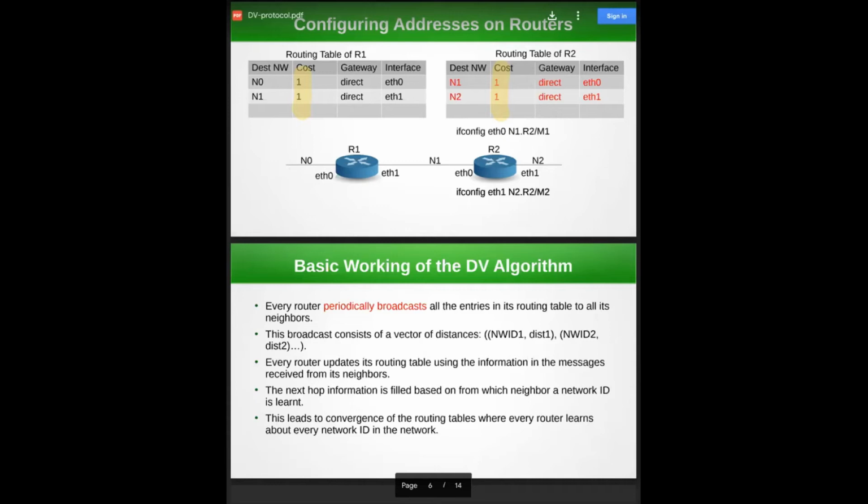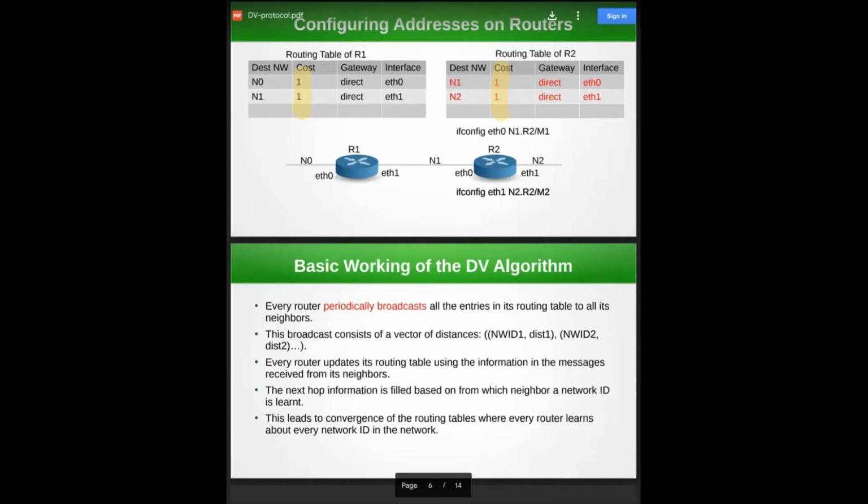When you have an unweighted graph, you assume that the cost of every edge is 1. You have to keep this in mind. We'll see how it works and how it is used in the next slide.